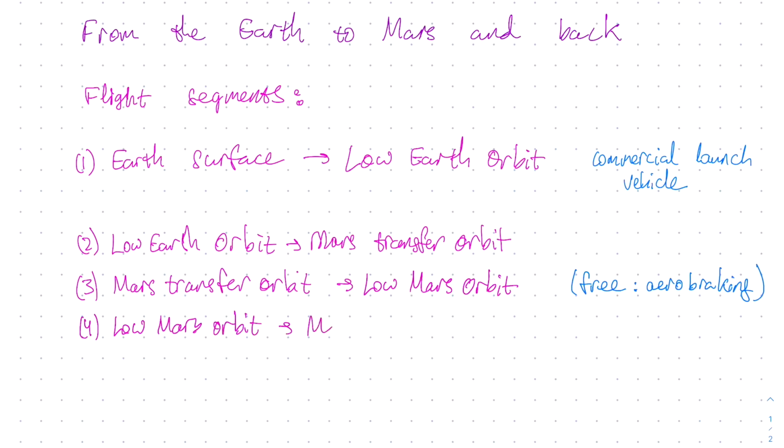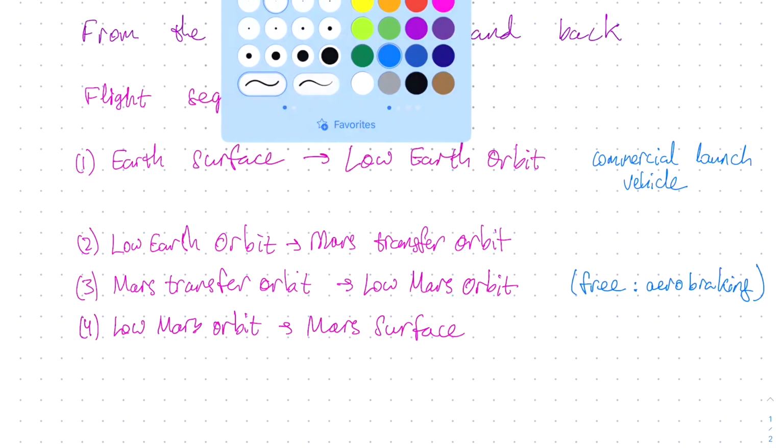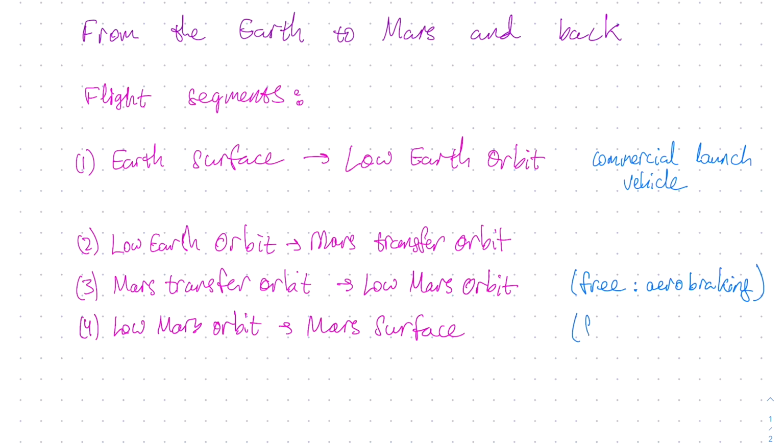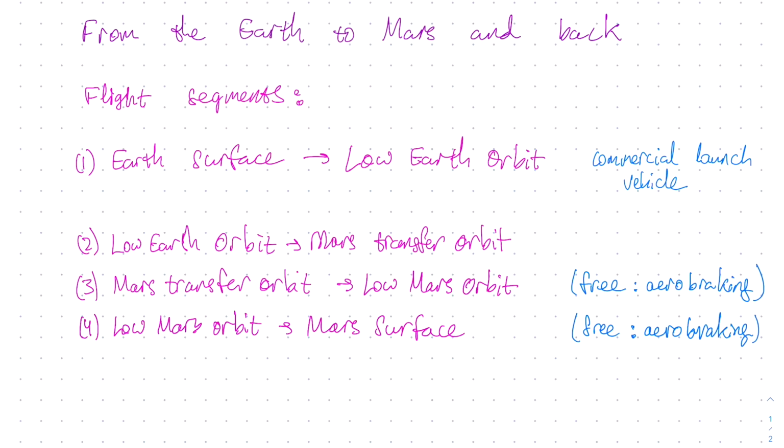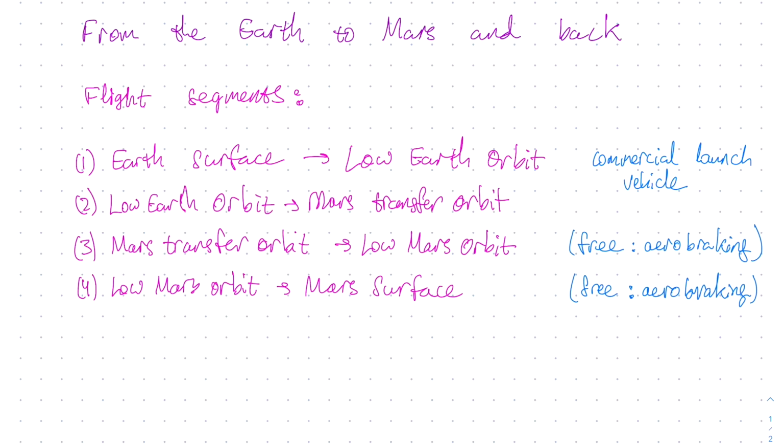Now, for large spacecraft, usually a powered descent is used because the Martian atmosphere is not very dense and it is hard to get enough friction from the Martian atmosphere to take the spacecraft all the way down to landing. However, we will again assume that we can do this maneuver for free using aerobraking, and that is mostly to simplify this part of the calculation.